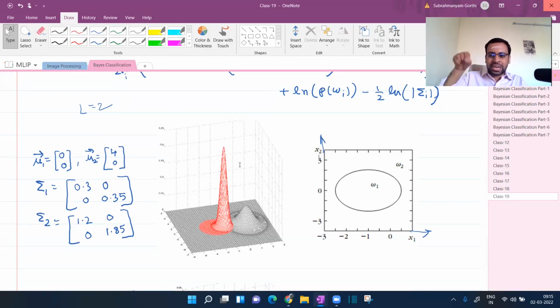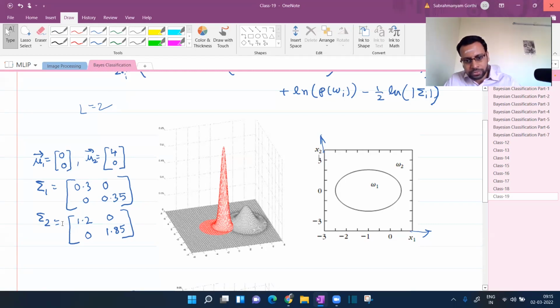The magnitude is scaled by that sigma value, or more generally the square root of the determinant is what comes in the denominator. The determinant is less, which is there in the denominator. Of course, the peak value will be relatively more when your sigma value is less. So obviously here it is high.